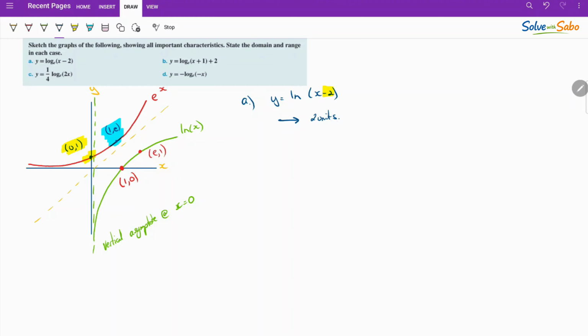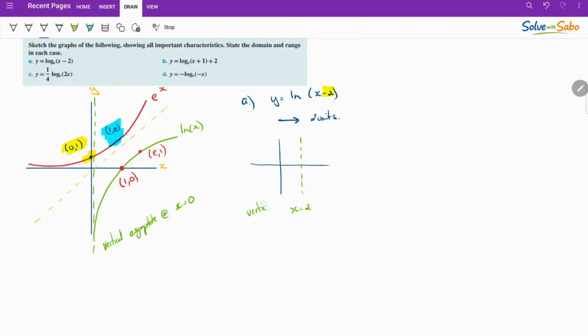So what does that change? It hasn't stretched my graph. It hasn't changed whether my graph is any skinnier or any wider, but what it does mean, and I'm just going to draw my axes manually here, is that instead of having an asymptote at x equals 0, I'm going to have an asymptote at x equals 2.